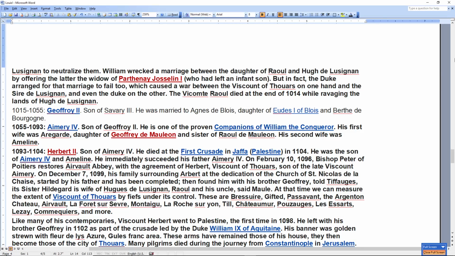The next dot I want to make is this one right here, the companions of William the Conqueror. Now, who was William the Conqueror? He was the first Norman king of England.